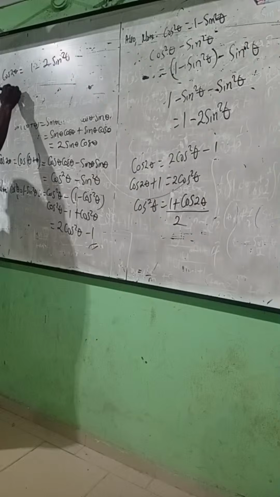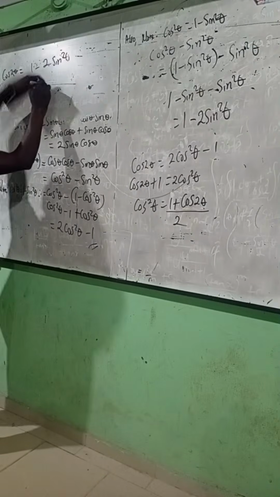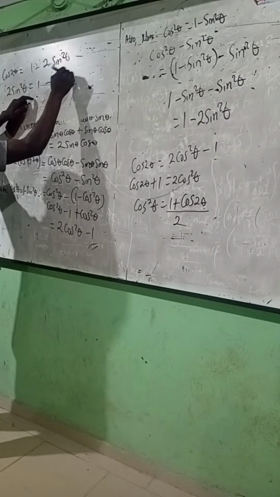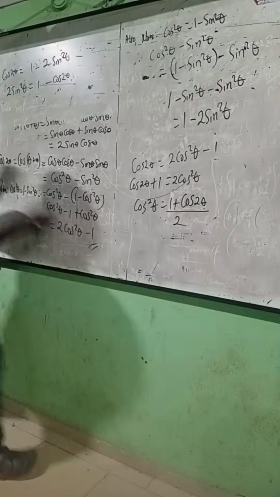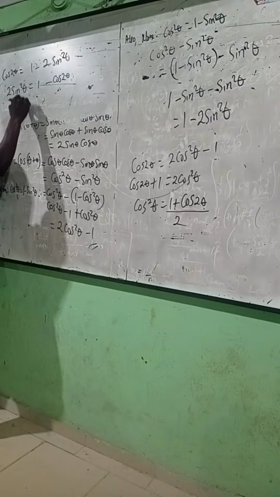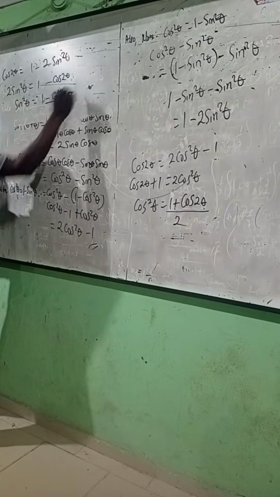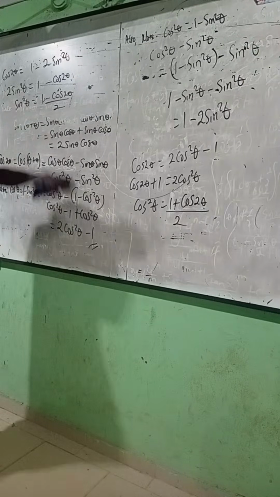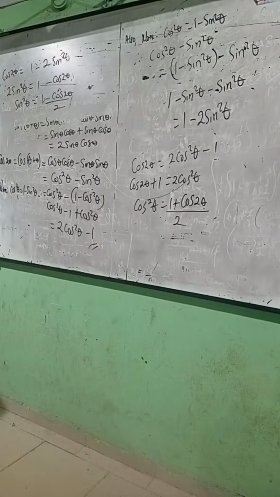You have 2 sin square theta equals 1 minus cos 2 theta. Please don't mix them up. We usually mix this plus and minus. So here we have sin square theta equals 1 minus cos 2 theta over 2. They are the same, but for sine it's minus. For cos it's plus. Are we together?